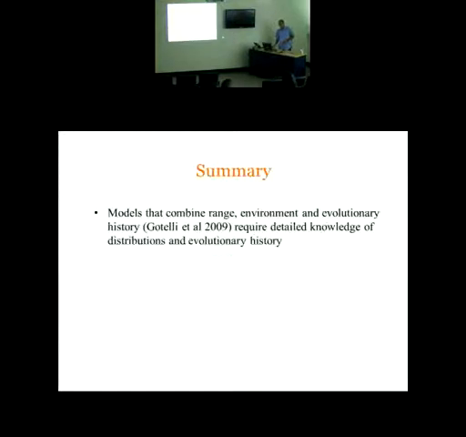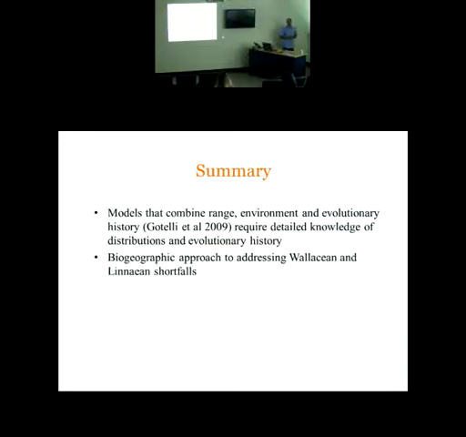So in summary, we're moving towards these models that combine range, environment, and evolutionary history, which require detailed knowledge of distributions and history. And the sampling frameworks that we've developed over the last few years, that address both Wallacean and Linnean shortfalls, incorporating geography as an explicit element, we feel provide the kind of information that's actually required to answer these questions.